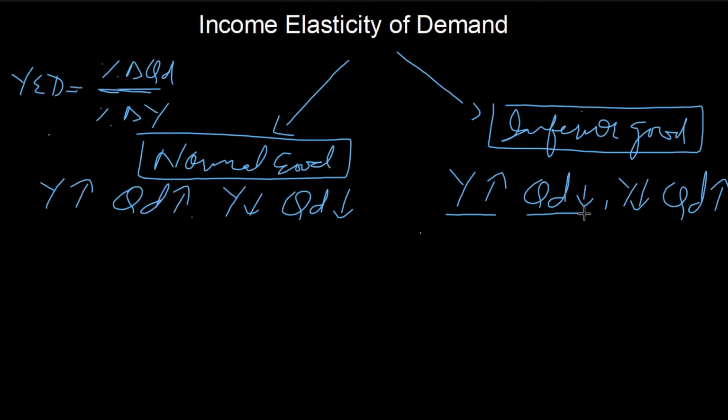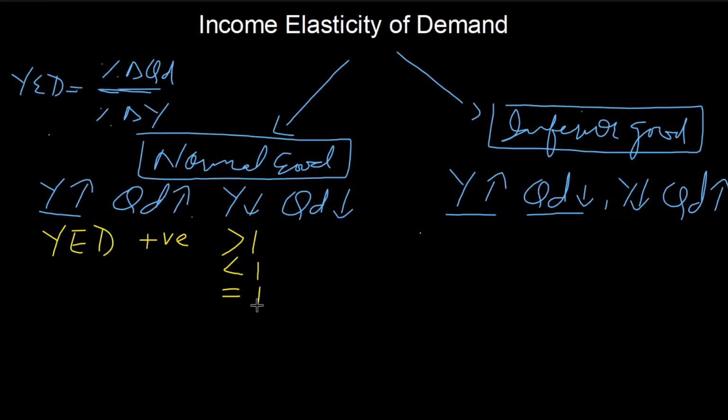Now coming to the next point, normal goods. One thing is really definite, that income elasticity of demand for normal goods will be positive. However, it can be greater than 1, it can be lesser than 1, or it can be equal to 1.